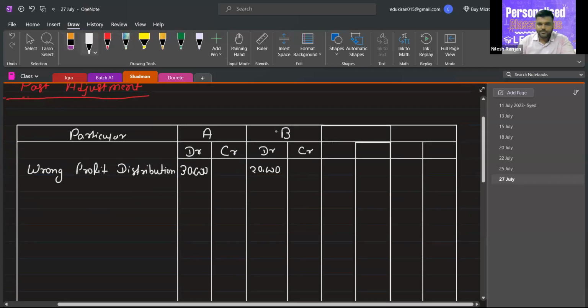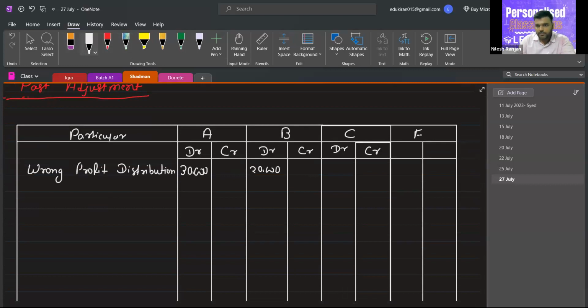This is our third partner, and this is from debit and credit. So 10,000 we will take from C, and 60,000 will be credited in firms column. Now, after we have taken back the wrong profit, we will give interest on capital.